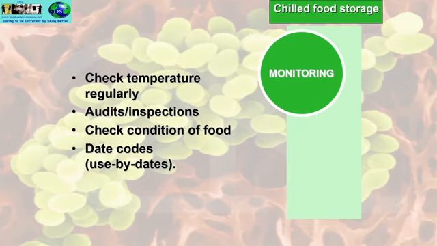Use by is a food safety date, and best before is a food quality date. Just a little bit more on codes as well, so it'll sort of sink in. Again, in the UK, if you use anything past its best before date, it is not illegal, but it doesn't show professionalism. If you use items past its use by date, that is illegal and you can get prosecuted.